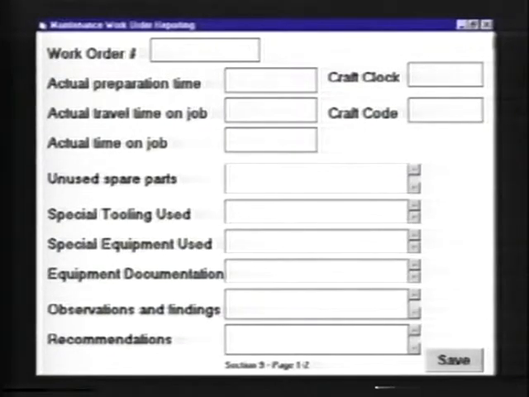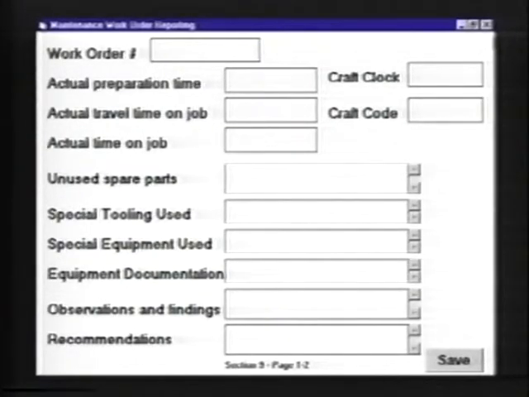And we have the clock time of the craft person, the craft code, and then we have other data elements, and if you remember, I said summarized, which pertains to unused spare parts, and were the tools and the equipment and the documentation that were issued, were they used, were they returned to the storeroom, were they proper? And then the most important data elements for this work order are the observations and findings and the recommendations by the various craft personnel that are working on this particular order.